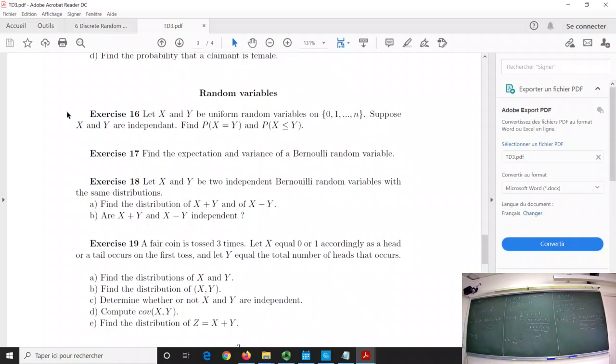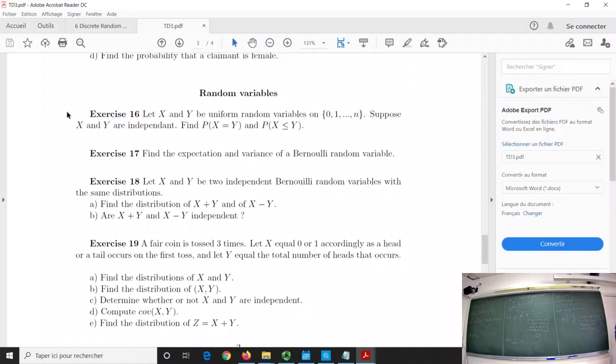What can I use now? For the moment, there is an element in my statement that I haven't used. Which one? Independence. And I know that when two sets are independent, the conditional probability is none other than P of A given B, which is equal to what when they are independent?